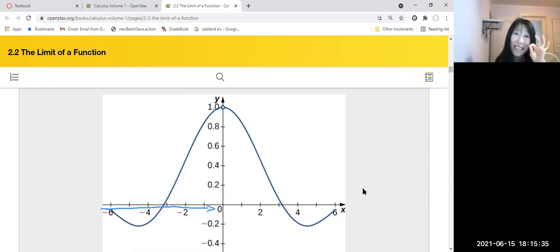It does not have to be exact. Can you see that there's a hole? And if we approach x equal to 0 from the other side, the function value also approaches 1. So it's 1.